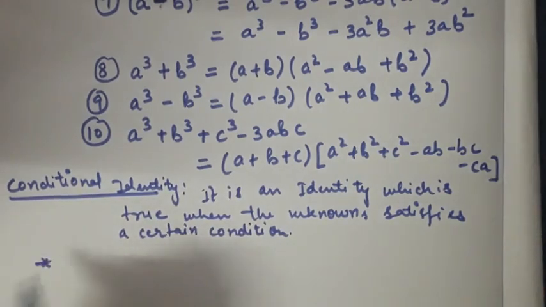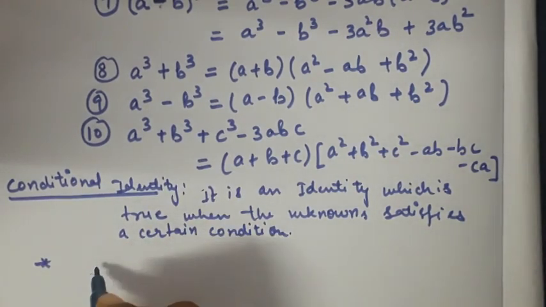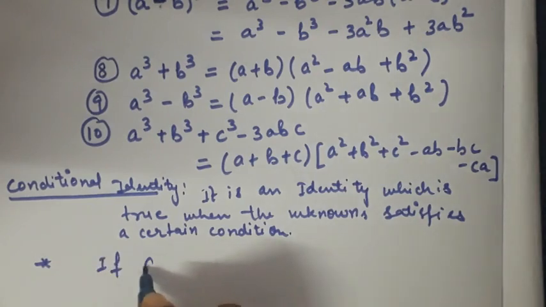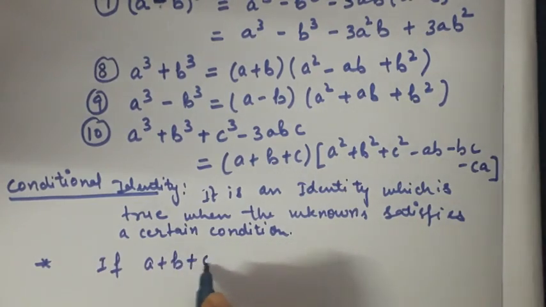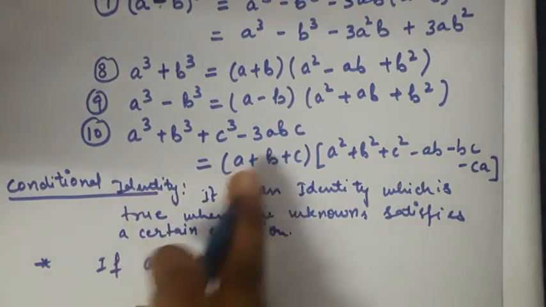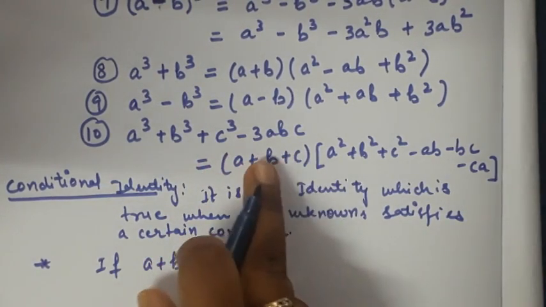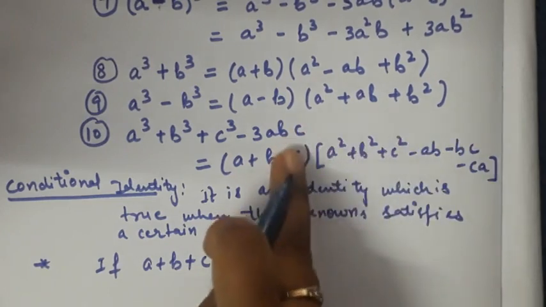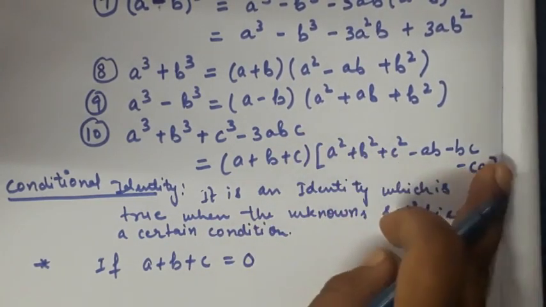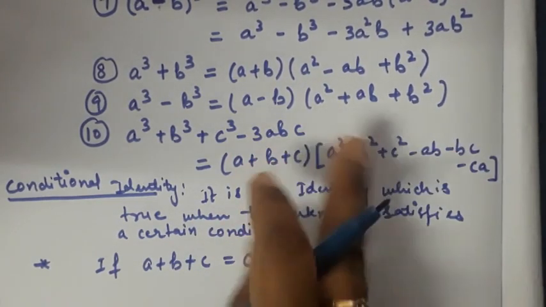What is the conditional identity? It says if a plus b plus c is equal to 0, as it is multiplied with this whole expression, this will also become 0, means the product of these two things will be 0.